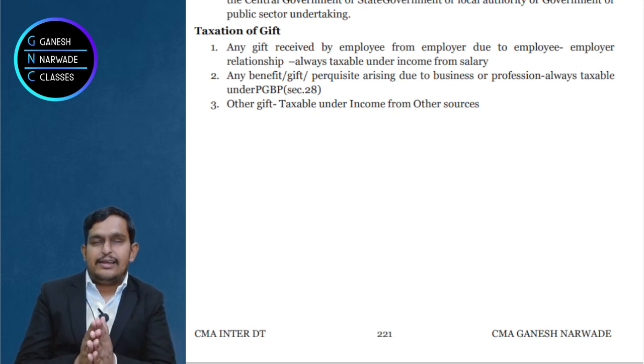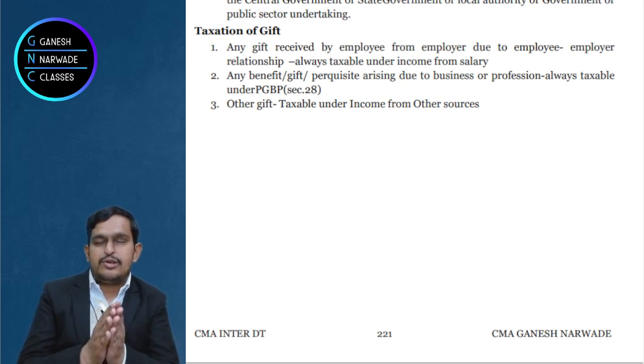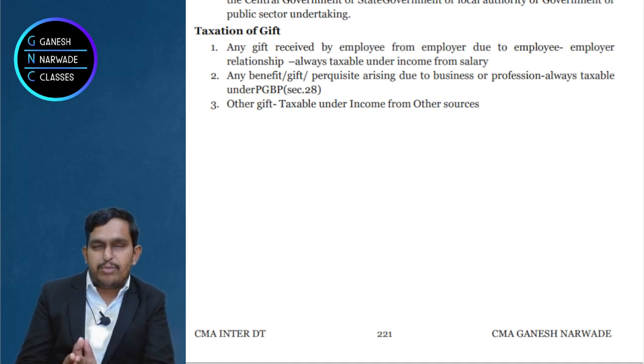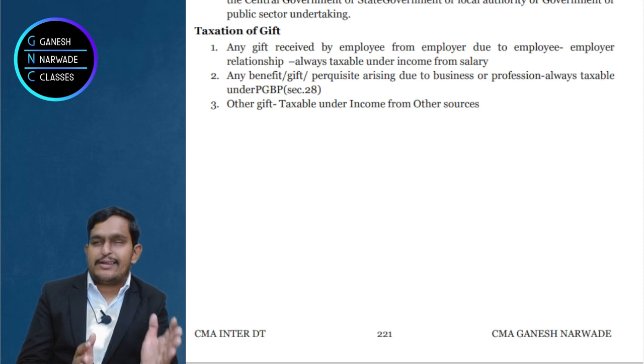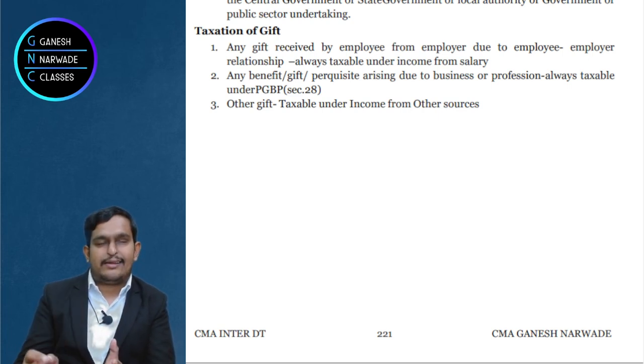First thing, if your employer gives you a gift, that means the employer gave the gift to the employee, then what will happen? Then two questions. Is it a cash gift? If yes, fully taxable. If it is a gift of movable property, then up to 5,000 is exempt, more than that is taxable.